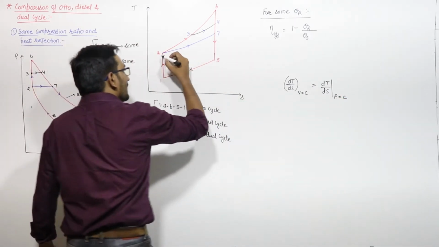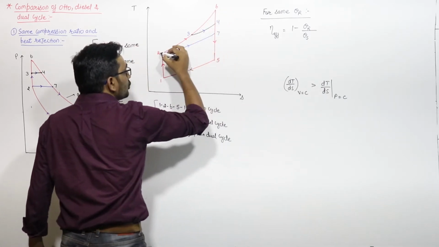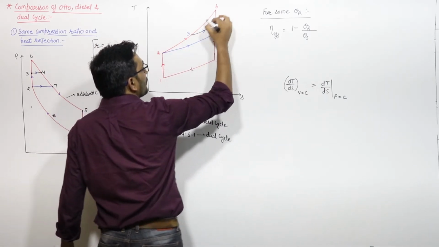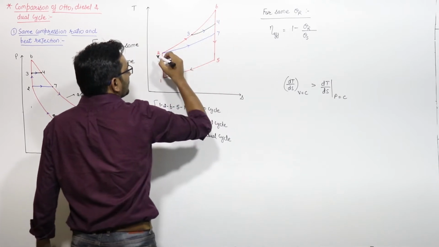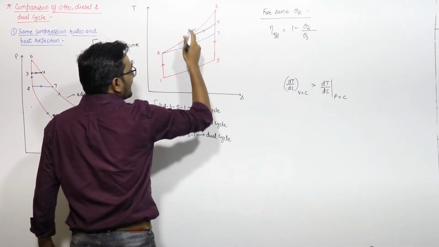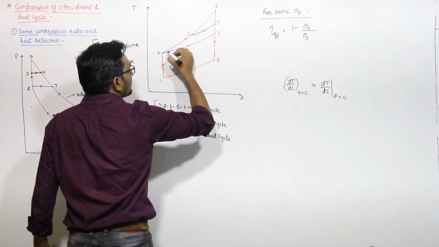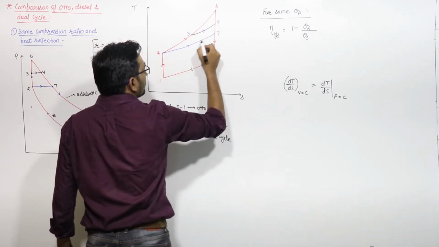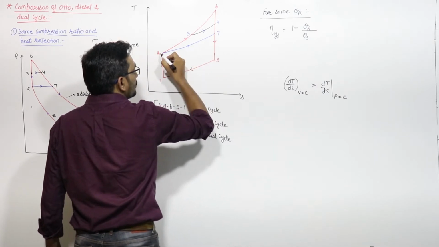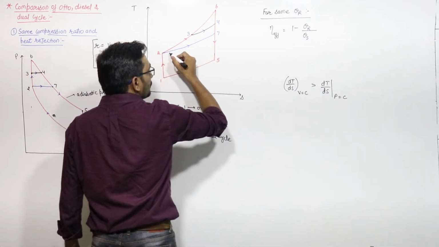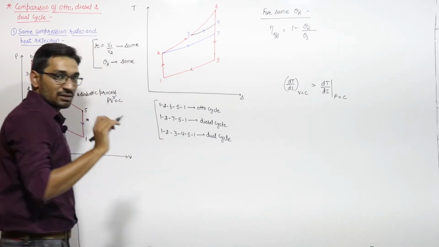So if this 2 to 6 is the slope of the constant volume curve, then the constant pressure curve slope will be less than this. So you see from here that the 2 to 6 curve slope is more than the curve of constant pressure, that is 2 to 7. So that's why this 2 to 7 will be in the downward direction, right?